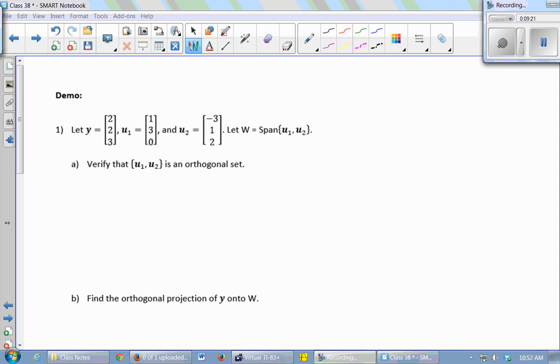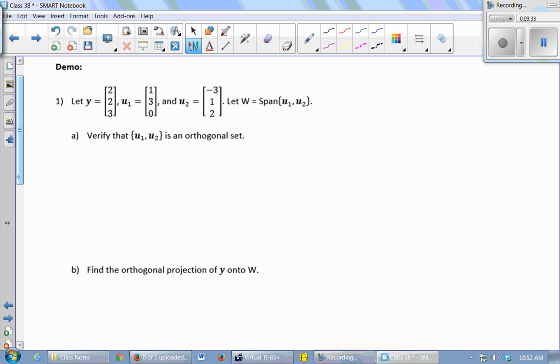All right, so I feel like all of that feels really theoretical, and then once we apply it, the calculations are all really straightforward. So here I've got a Y, a U1, and a U2, and we're going to let W be the span of U1 and U2. So verify that U1 and U2 is an orthogonal set, right?